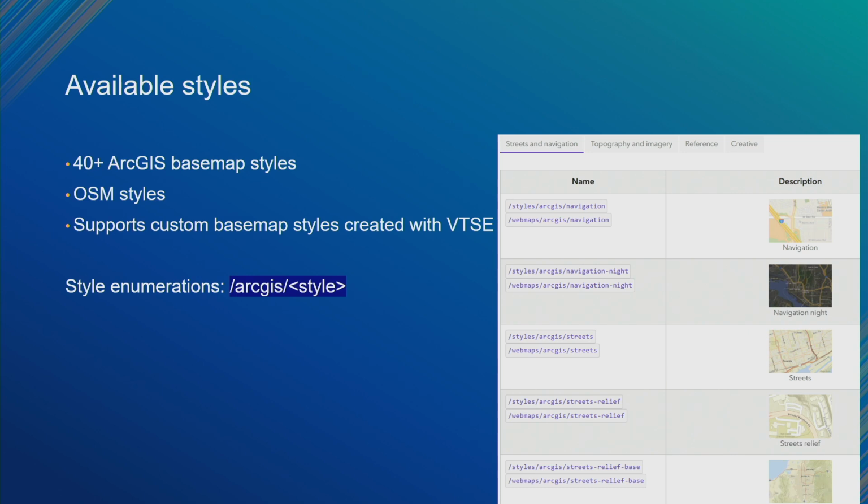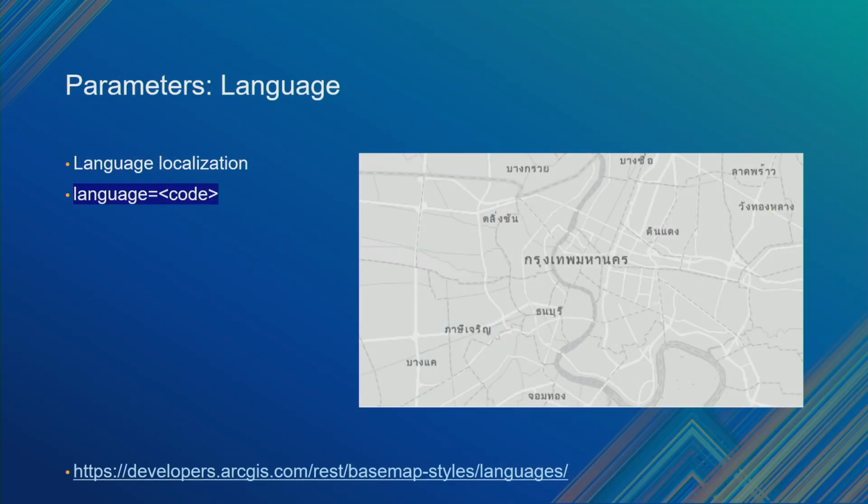So in addition to styles, the service also offers several different additional parameters that you can use to customize your map. Starting with language, there's a language localization feature that allows you to request the entire map in whatever language you want, really. Do you know how many languages are available? It's like 20 to 30 at least. In fact, I can look that up. Yeah, why don't you check? This screenshot is in Thai, but Chinese, French, Swedish, pretty much all major languages are supported.